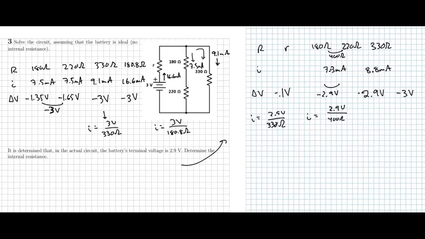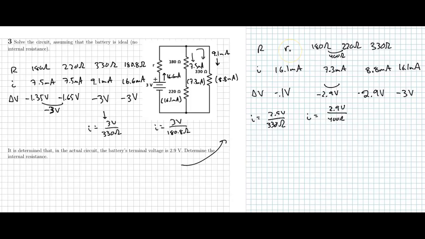Okay, so if I look at the total current, right now in this new case I'm 7.3 milliamps on this branch, a little bit less, and 8.8 milliamps on this branch, also a little bit less. But the total now going through the thing has to be the sum of those, so 16.1 milliamps. So that's the total that is through the battery, which is also through the internal resistance.